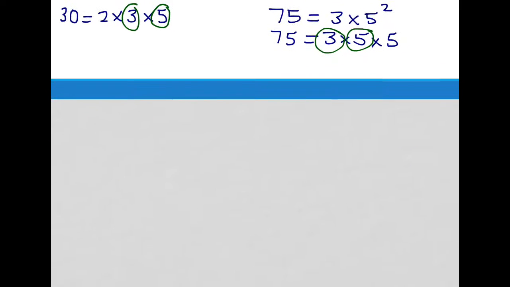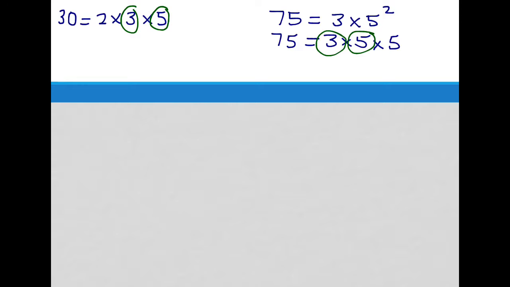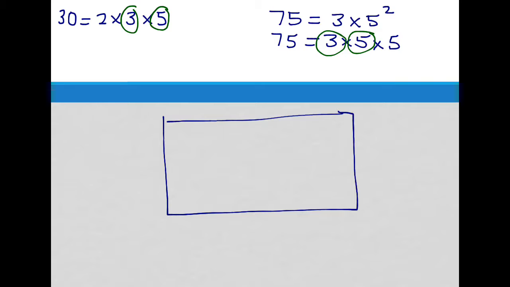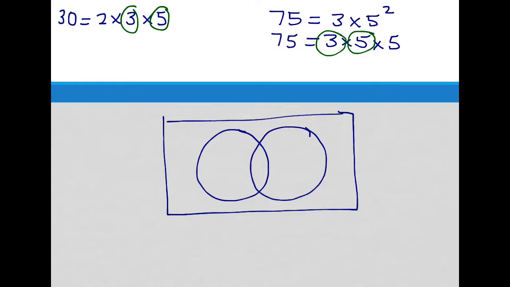So I'm going to push my page up. I draw my box. And some of you may go, well, I don't need to draw the Venn diagram, but it is good practice teaching you all of those skills. This one is I'm representing 30 and this is 75.